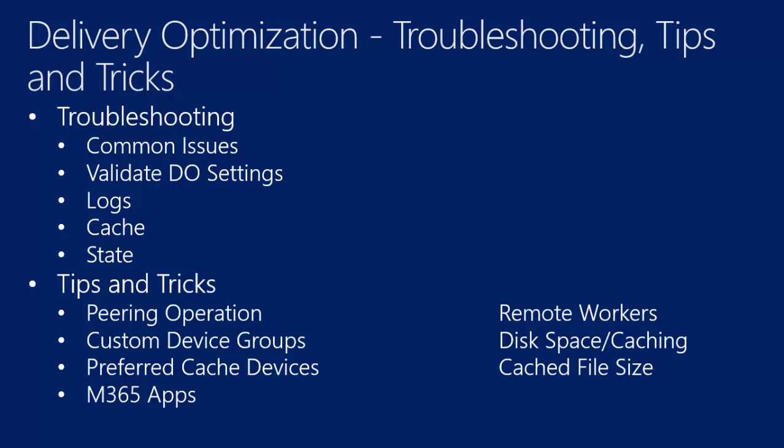So factor those in. You can also move your cache on devices that have more than one hard drive, and you can define what your cache file size is. Now, you don't have to do that. The DO service will handle that for you, but if you want to tweak what the DO service will deliver to you, then you can.